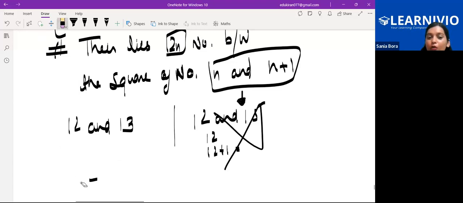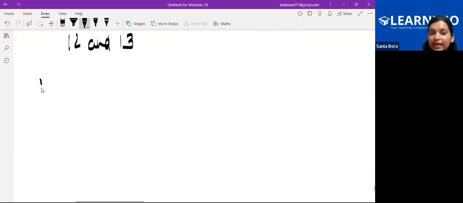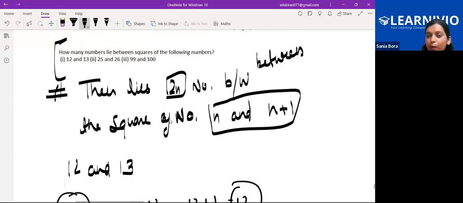Now the first question with us is 12 and 13. Let's say n is 12. And n plus 1 means 12 plus 1, you get 13. So 12 and 13, yes, this property is applicable.